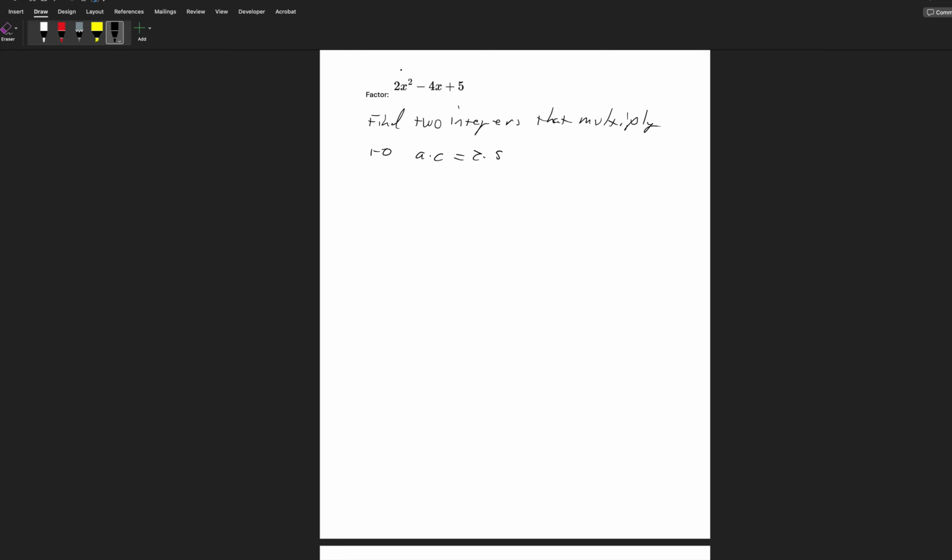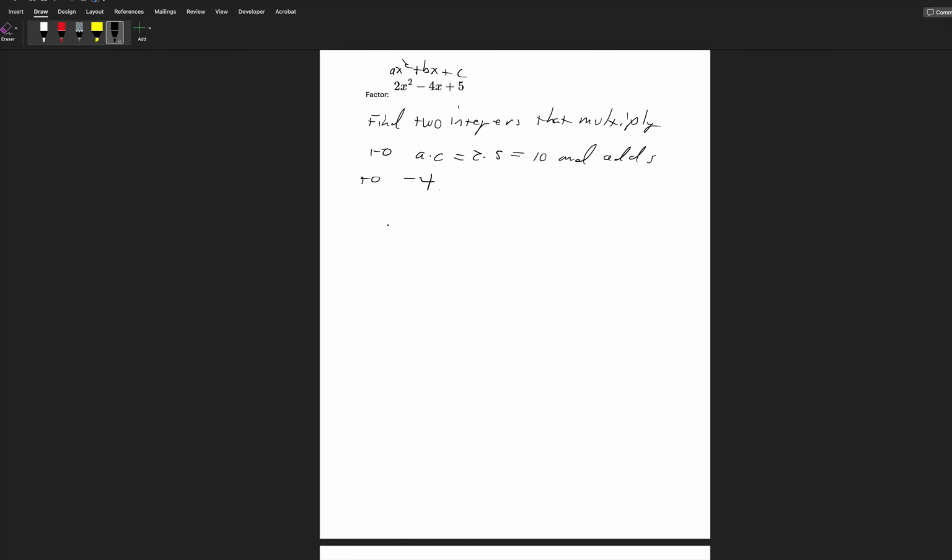Remember, this is the same thing as ax squared plus bx plus c, right? Which is 10, and add to -4, okay?